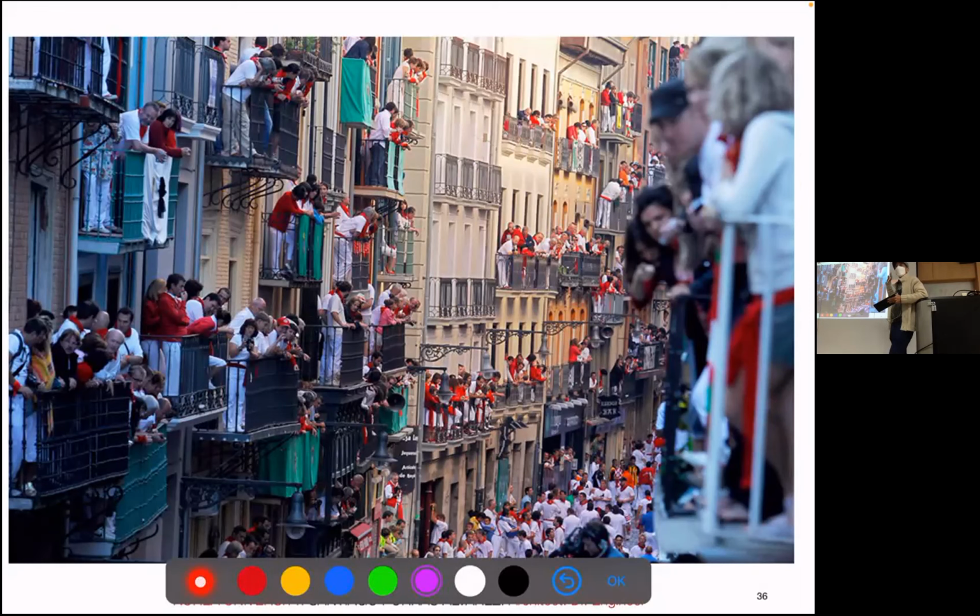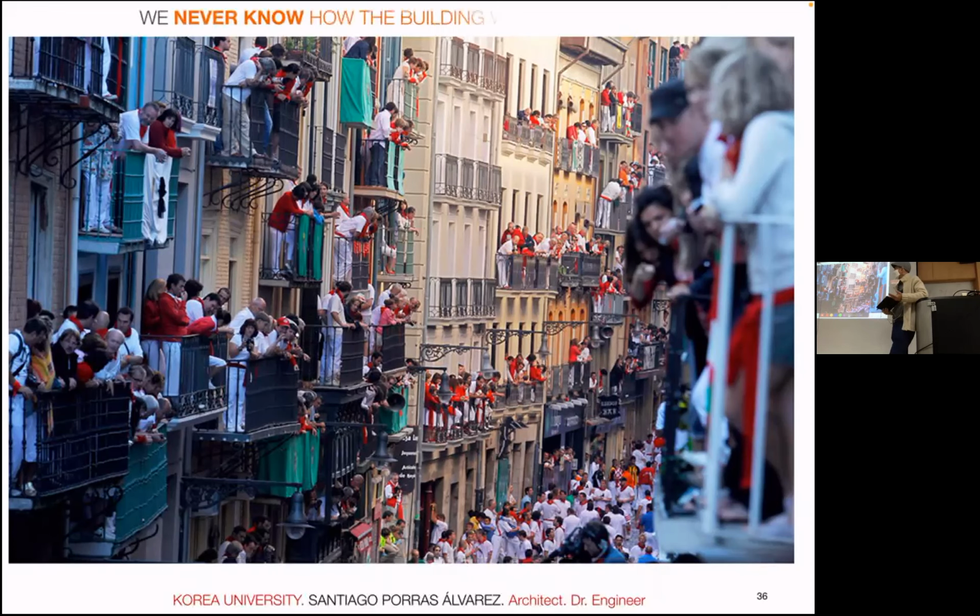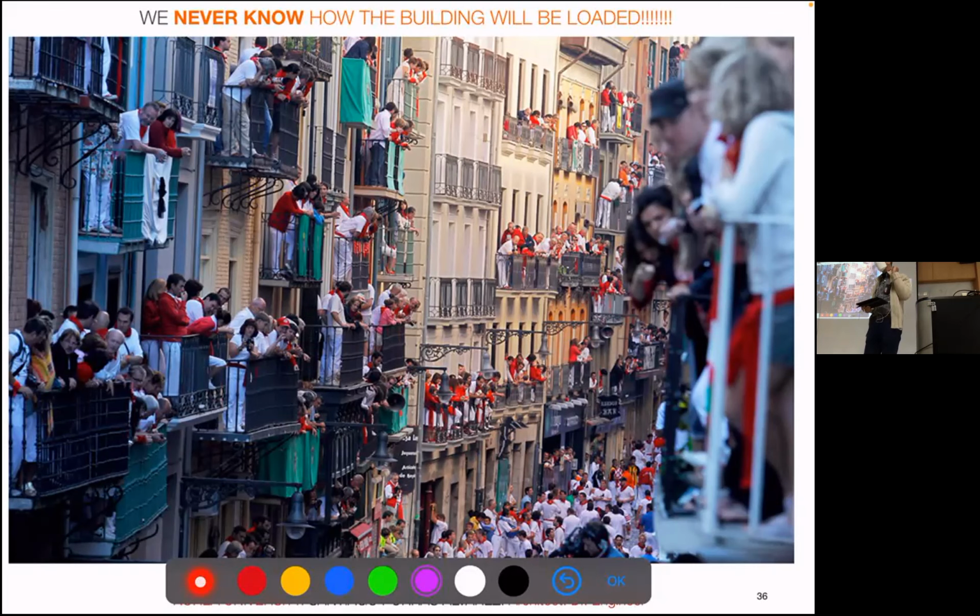But those guys charge for the balcony, people pay to use it. So the more people, the more money you get. So engineers in that town are really oversizing things. Why do I show this? Because no matter how correct, how perfect we are in our estimation, we don't know how people use buildings, right? We don't know.